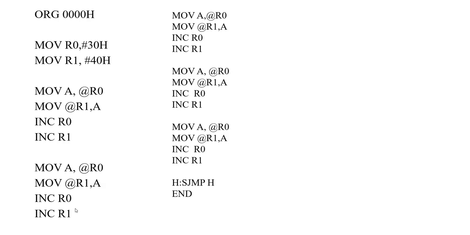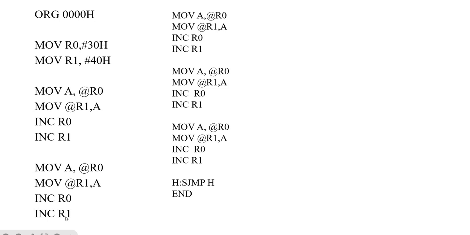Here in the second iteration, it will load the value from 31H into A. Then in the second instruction of this iteration, it will store the value into 41H. Then again it will increment R0 and it will increment R1. So earlier R0 was 30H, then it became 31H.